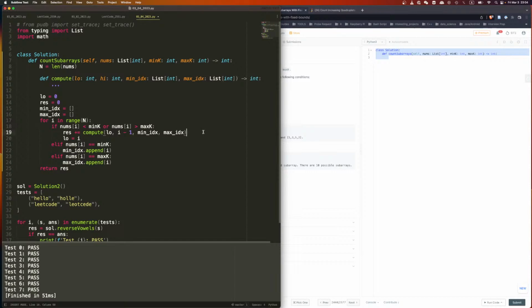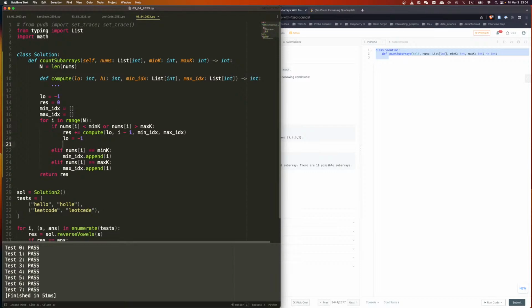Once we finish, because this is larger, low should not equal to this. We shall set low to -1. Low is set to -1, and min index dot clear.